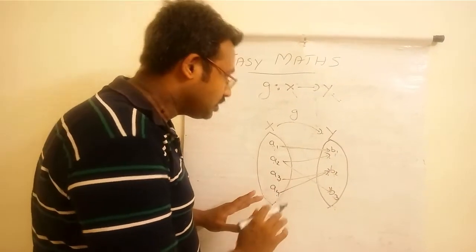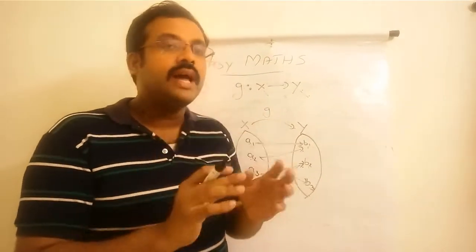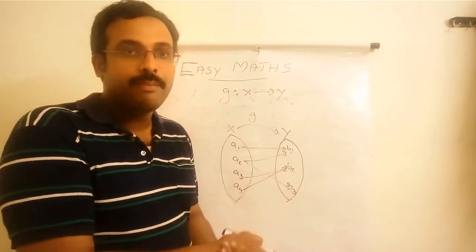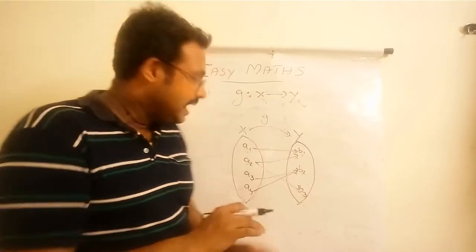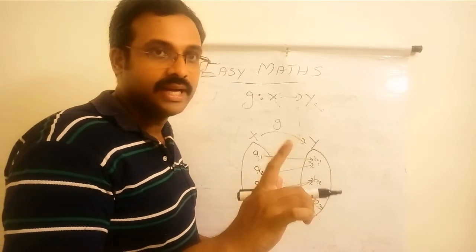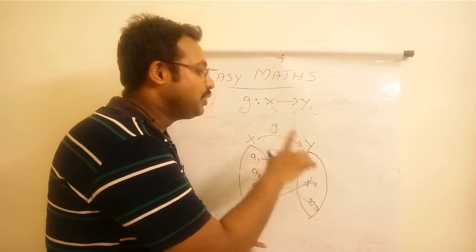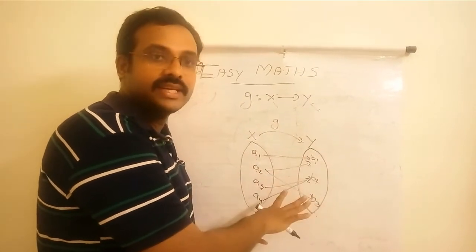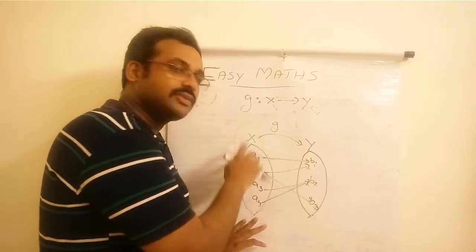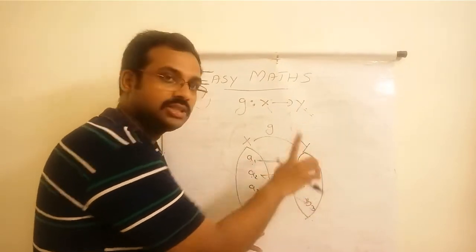Then what about this mapping, whether it is a function or not? What is our definition of a function? A mapping becomes a function if every element in the domain has a unique image, isn't it? So here a1 has one and only one image, that is b1.